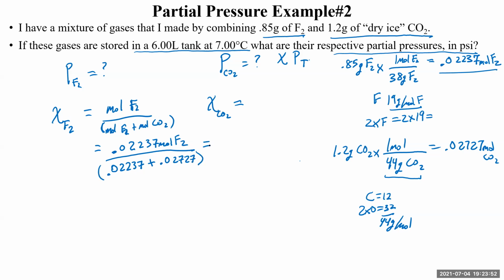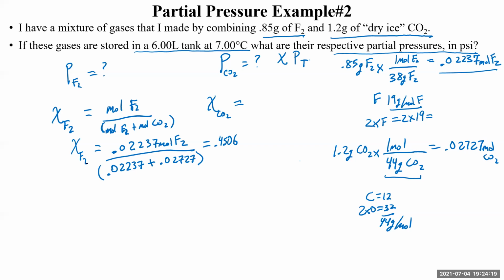This time, unfortunately, we don't have a percentage given to us. That's too bad. Starting to appreciate that percentage. Hopefully I'm number crunching correctly, I get 0.4506. That's my mole fraction for fluorine.